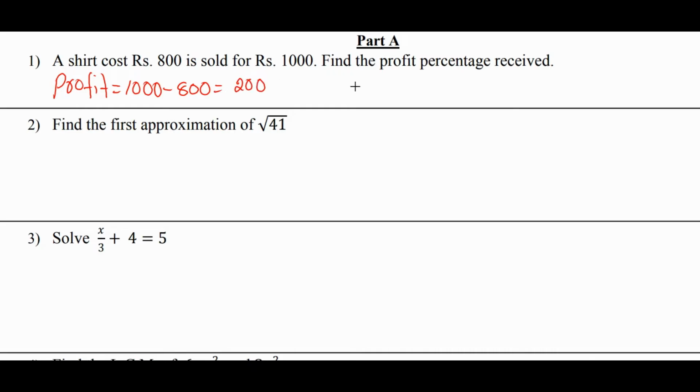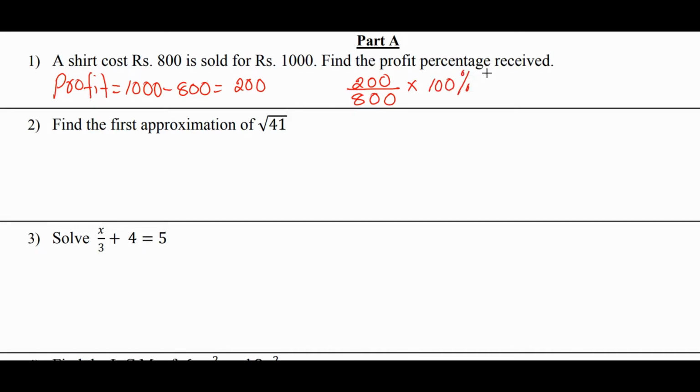Then we have to find the profit percentage here. Therefore, we have to calculate this according to the buying price. Buying price is 800. Then 200 profit is gained by 800, multiplied by 100%, since we have to find the percentage.